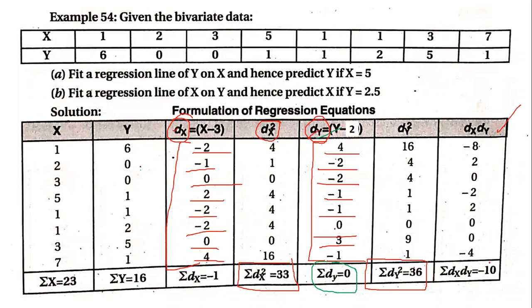And when you add dx dy, you get sigma dx dy, which is equal to minus 10. So this is your tabular calculation. Any doubts in the tabular calculation? Can we go for the formula quickly?